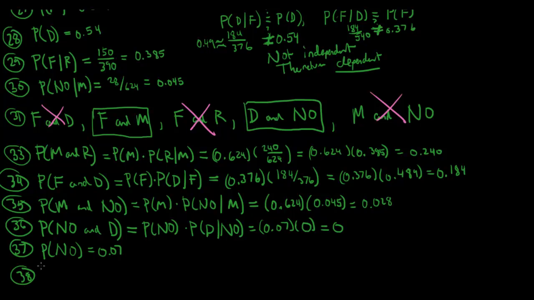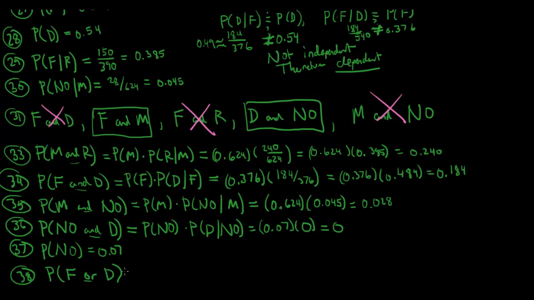The probability that a randomly selected participant is female, or that she thinks Democrats have better economic policies. So it's F or D. Now, thus far, we've had and. Okay? This is an or.